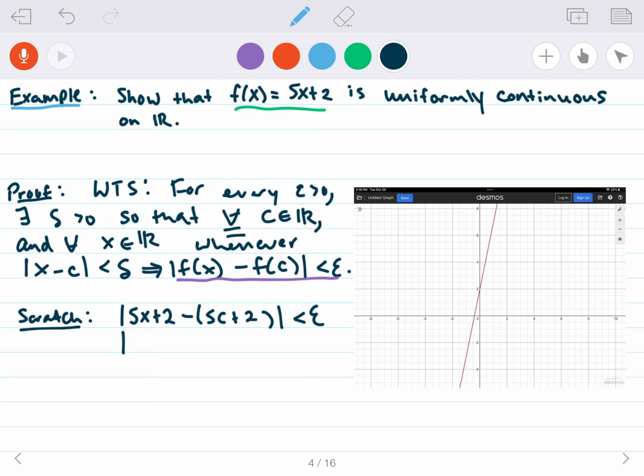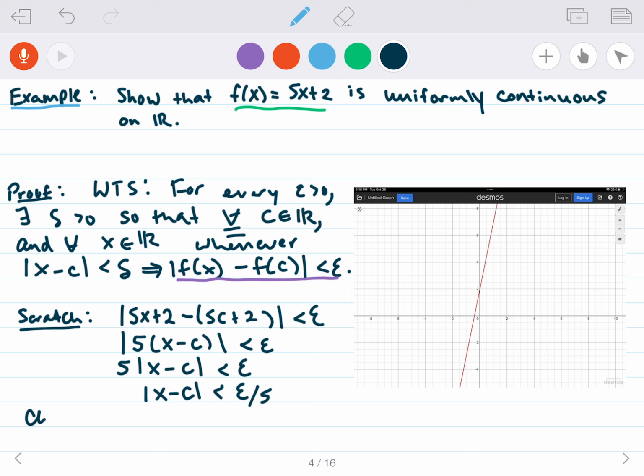So this is going to give us 5 times absolute value of x minus c, and then the 2's are going to cancel, less than epsilon. We can pull the 5 out of there. Isolate the absolute value of x minus c, because that's what's less than delta. And I get absolute value of x minus c is less than epsilon over 5.